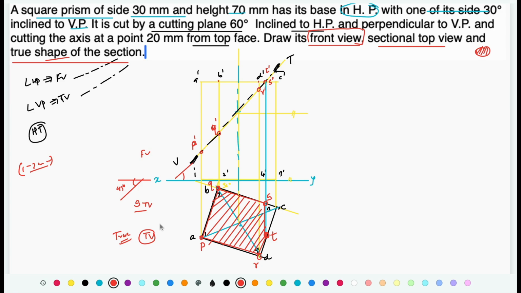Okay, so to draw that true shape, we need to consider one auxiliary reference plane which is parallel to the cutting plane. The cutting plane is this VT that we have drawn. We need to assume one auxiliary reference plane parallel to this cutting plane.